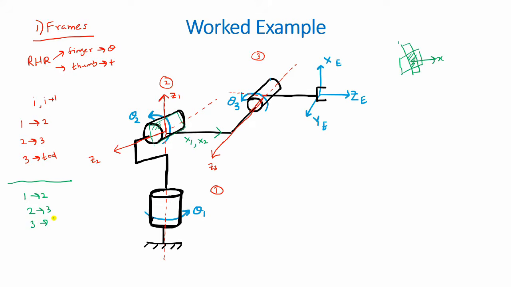From 3 to the tool. Here again the two axes intersect, so it's a point of intersection. So we look at the intersection between the two planes. In this case, the z3 plane would look something like this, while the ZE plane would look something like this. So this area pointing upwards would be the x-axis.